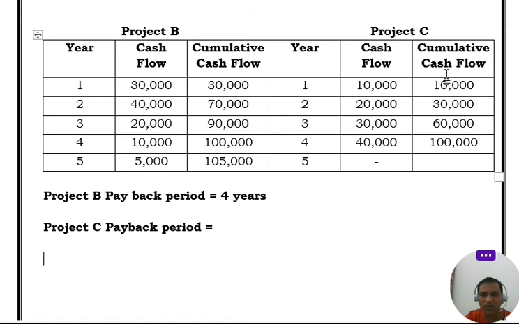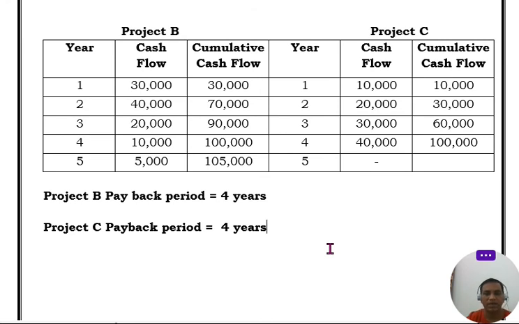But when you see the cumulative column, the cost of the project is exactly covered by the end of the fourth year. So full amount is recovered by the fourth year ending. So there is no need of any mixing, no base year, no interpolation formula. The answer is 4 years.